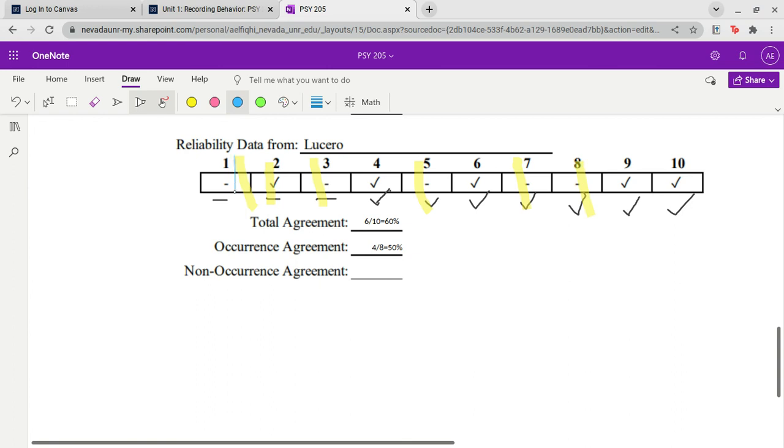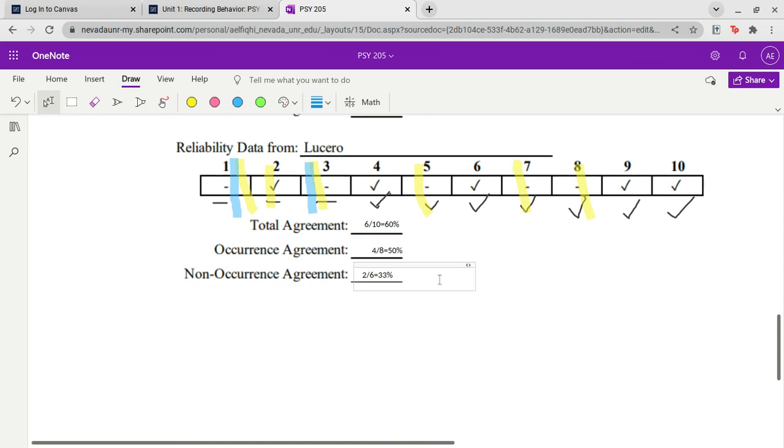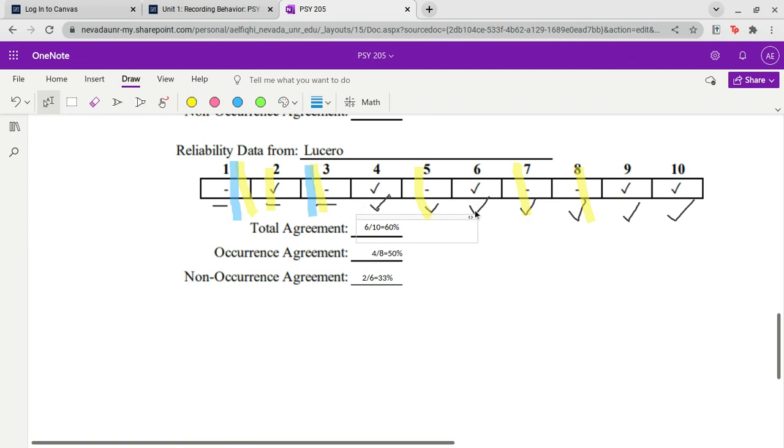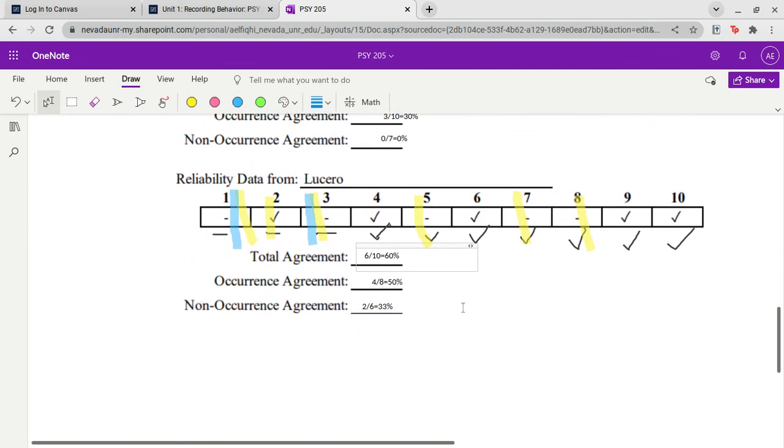And then we have 1, 2, and that's it. 2 agreement on non-occurrence. So we got 2 out of 6, which is 33%. And again, the IOA is not great, but this is just an example. And yeah, you can see how ours compares to all the other observers.